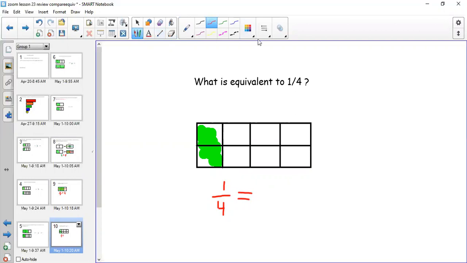So our 4 equal parts doubled and turned into 8 equal parts. And the 1 part that was named doubled and turned into what? 2 equal parts that are named. So we know 1/4 is equivalent to 2/8.